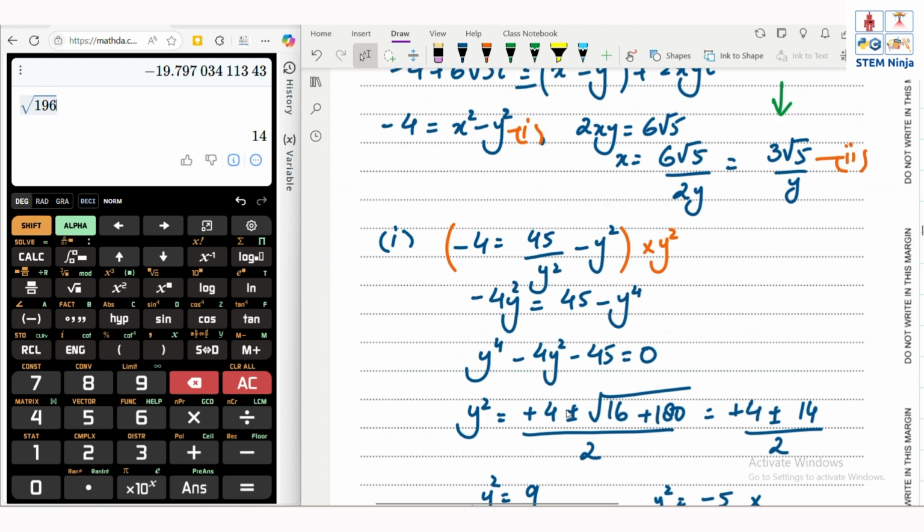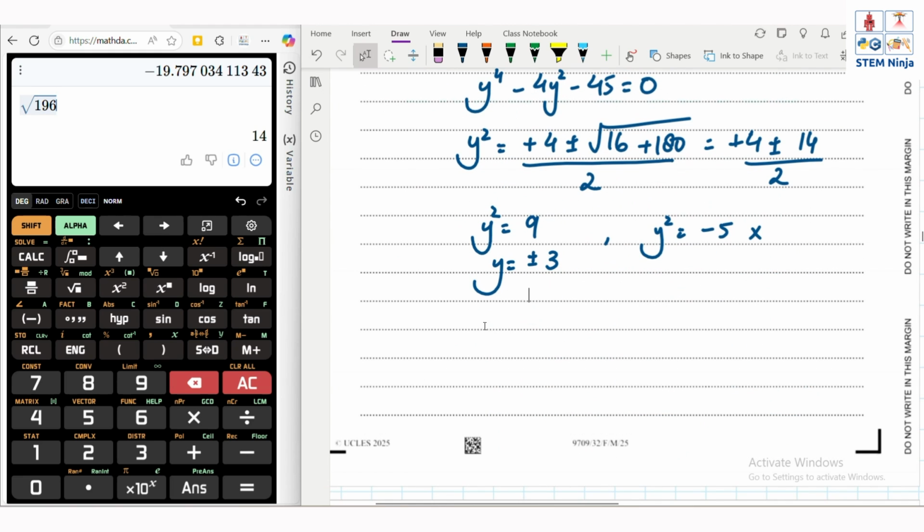So x, we said that that's 3 root 5 over y. So x is equal to 3 root 5 over 3 or 3 root 5 over minus 3. So in both cases, the 3 gets cancelled.